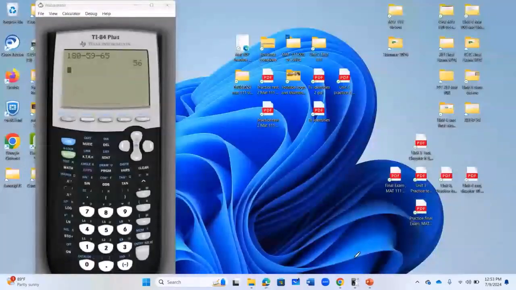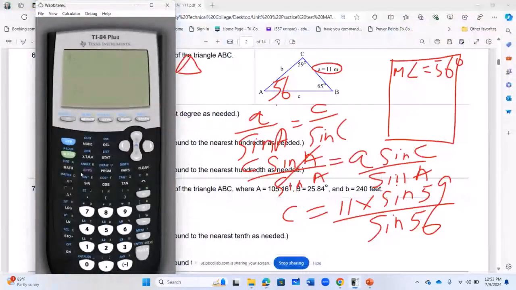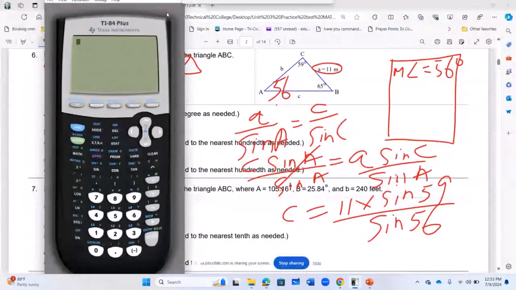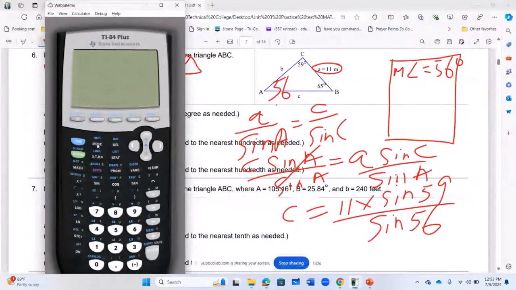I'm going to clear, and I'm working in degrees. So I'm going to put my mode in degree because the angles are in degree. If the angles are in radian, then I will put my mode in radian.